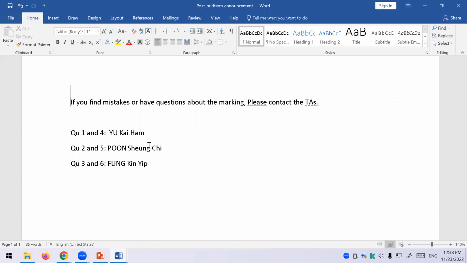So if you have questions about a particular exam question, go to the TA who marked that question. If you have a question for question 1, go to Mr. Yu. If you have a question for question 3, for example, go to Mr. Fong, and so on. I will upload the solution and marking scheme this afternoon.